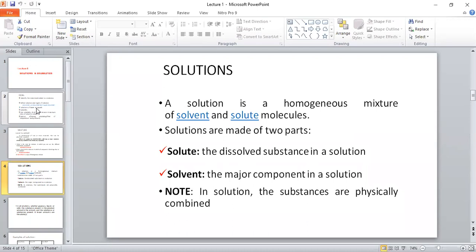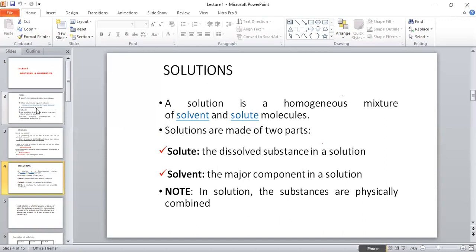So, like I mentioned, a solution is made up of two parts, the solute and the solvent. The solute is the dissolved substance in a solution. The solvent is the major component in a solution.